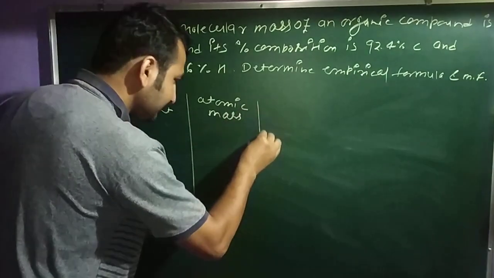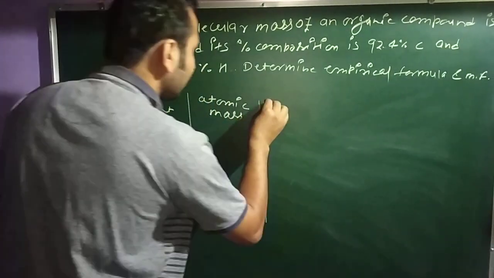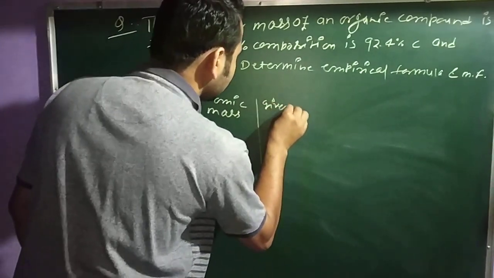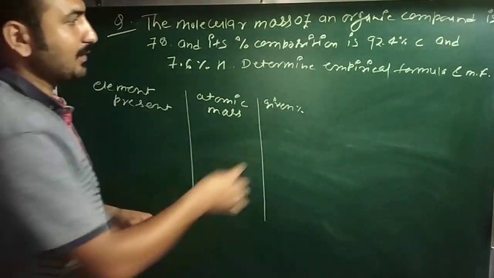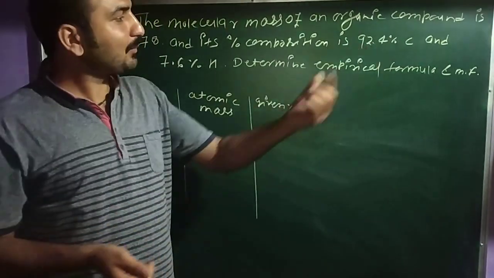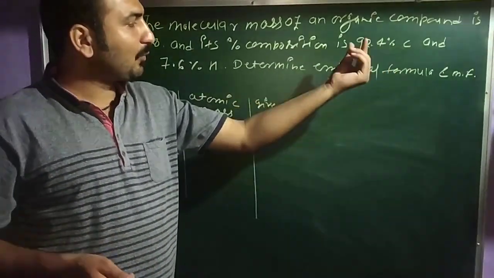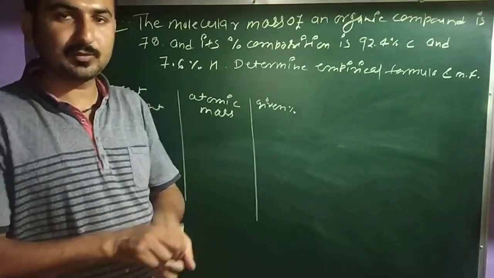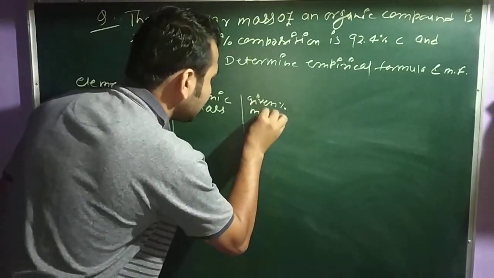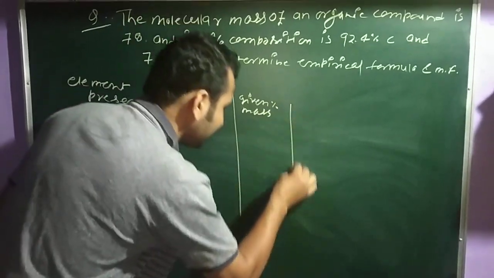Third, the given percentage. Here you can say the given mass. We'll replace the percentage and denote it only as the given mass.